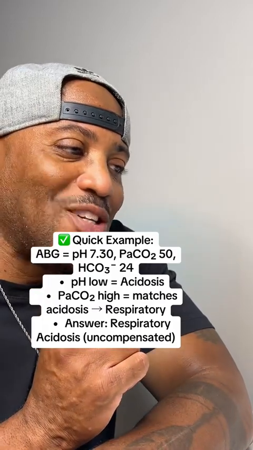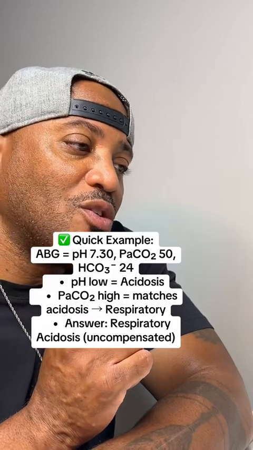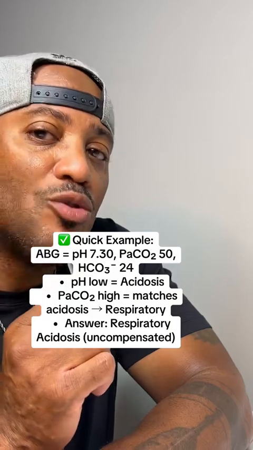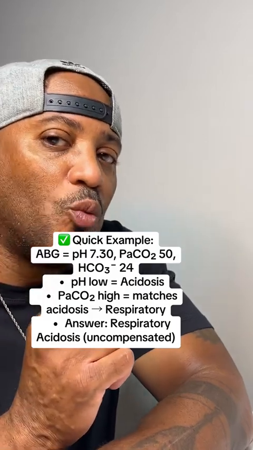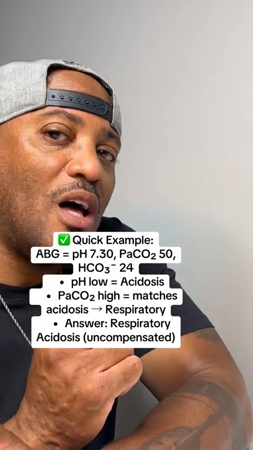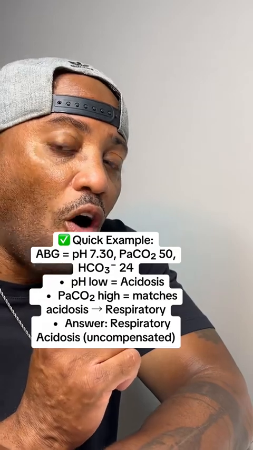It matches acidosis, respiratory acidosis. So your answer is respiratory acidosis uncompensated because your bicarb is normal. If your bicarb was moving towards the alkalotic side, which is up, this would be partially compensated if the pH was still abnormal, or fully compensated if the pH was normal.